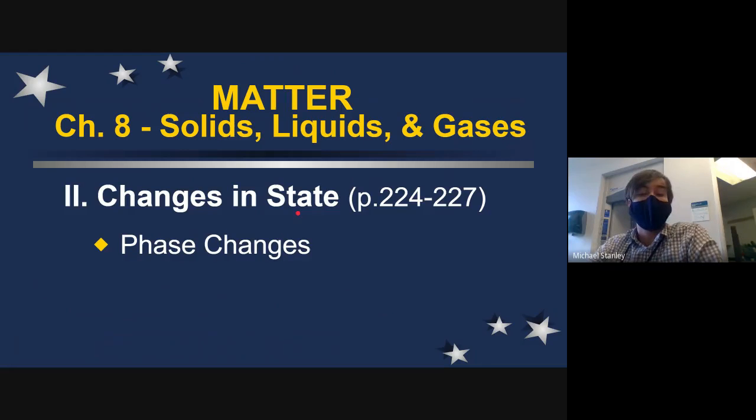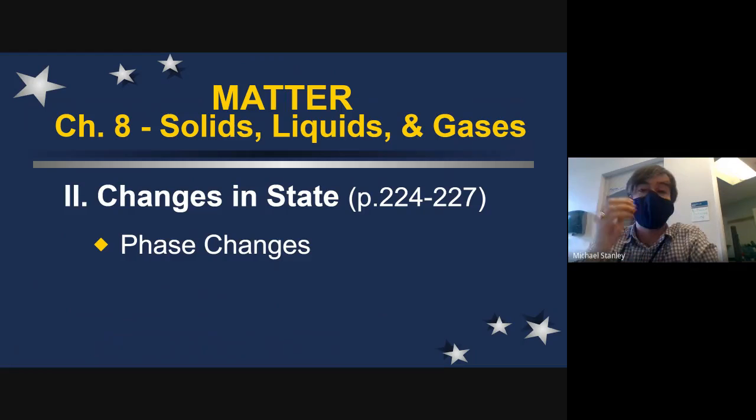We're changing from one state or one phase to another, either going from a solid to a liquid, or a liquid to a gas, or a liquid to a solid, whatever it might be. Going from one of these states to another one, either by warming up or cooling down, is called a phase change. And we have specific words to describe when we're going from one state to another.